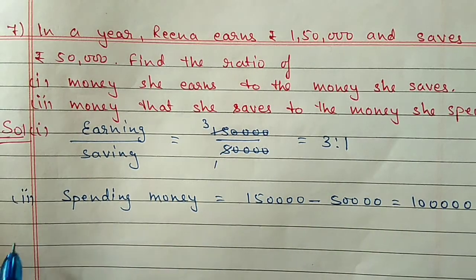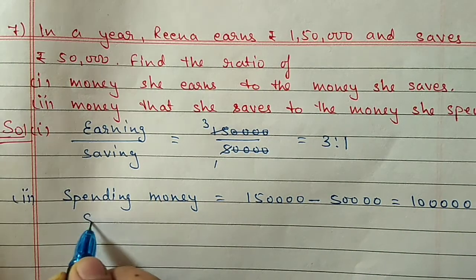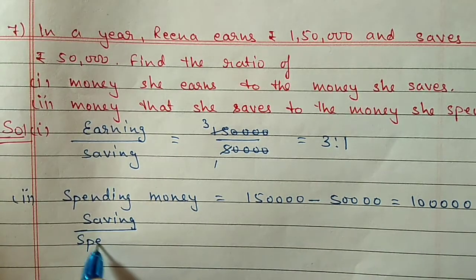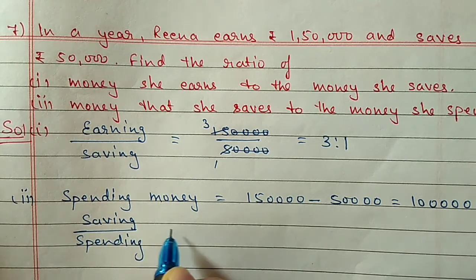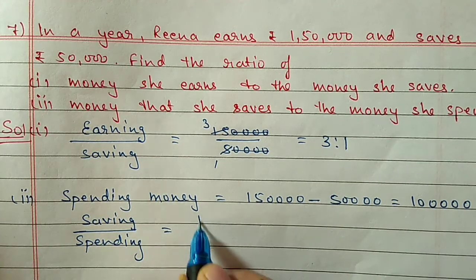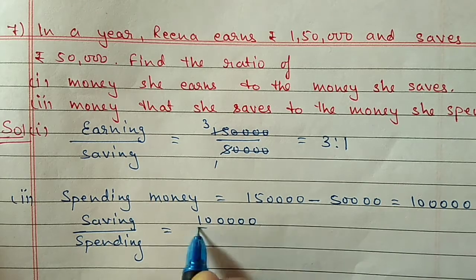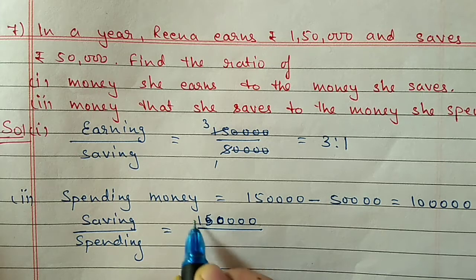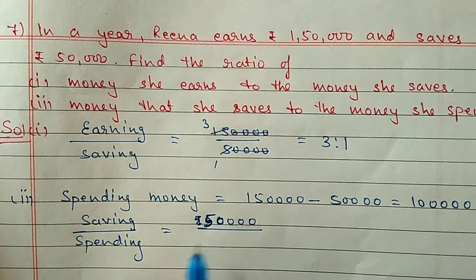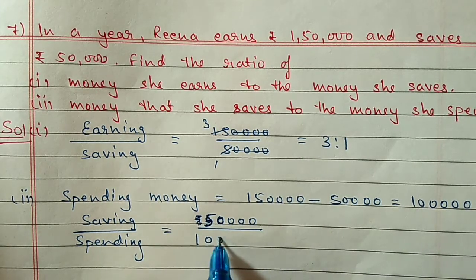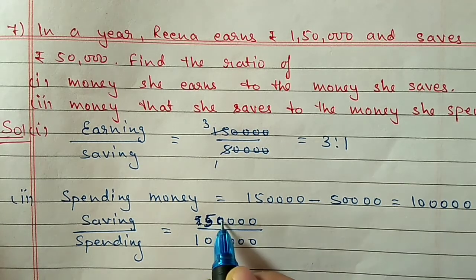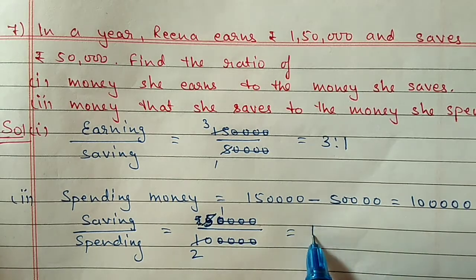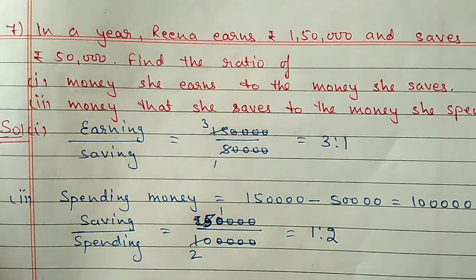Now we have to find out the saving divided by spending. She saved 50,000 rupees and her spending is 1 lakh rupees. Cancel 4 zeros, we can cancel. 5 1s are 5 and 5 2s are 10. So the answer is 1 is to 2.